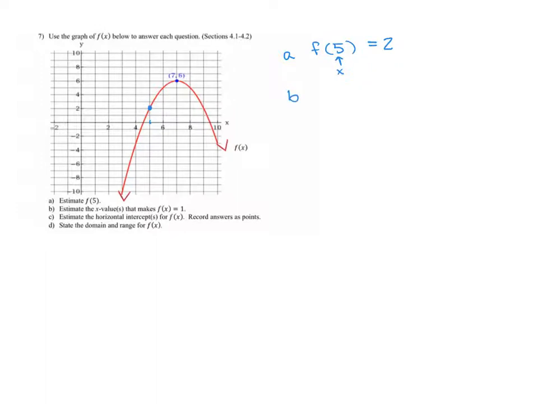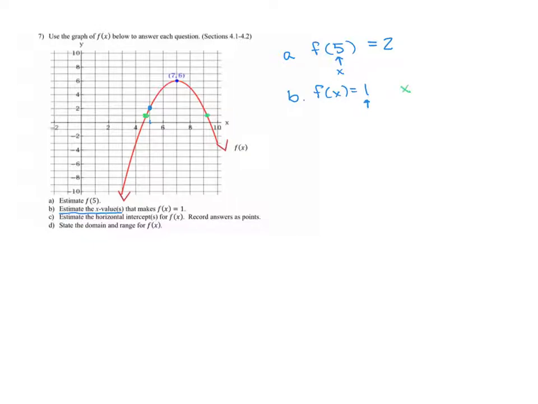For part B, we want to estimate the x values that make f of x equal to 1. So 1 is a y value. So what are we looking at there? We are looking at this point as well as this point here.